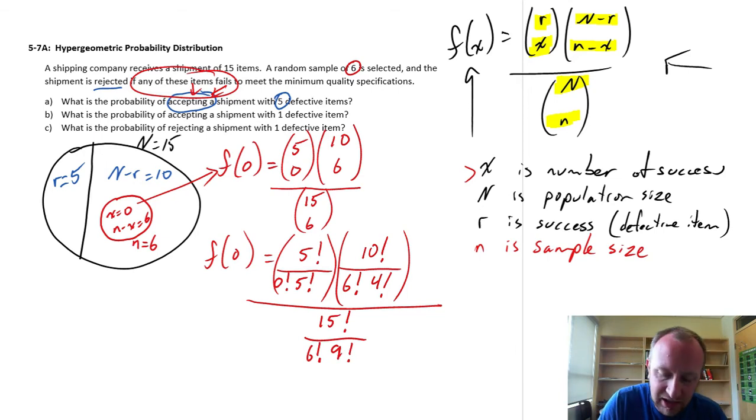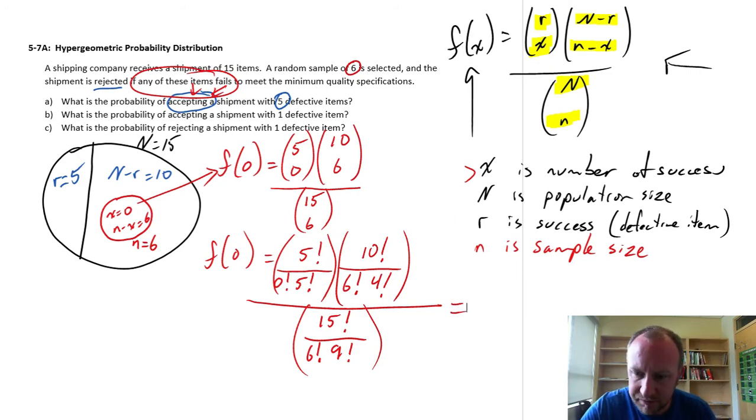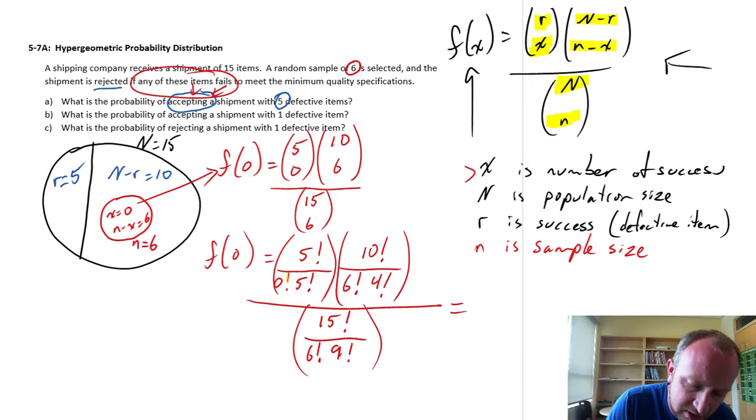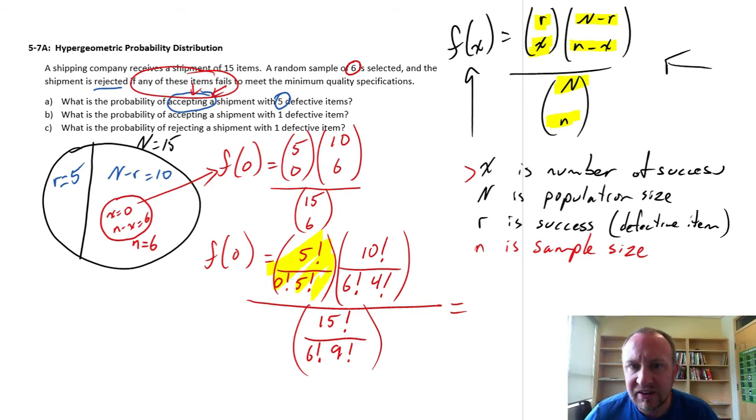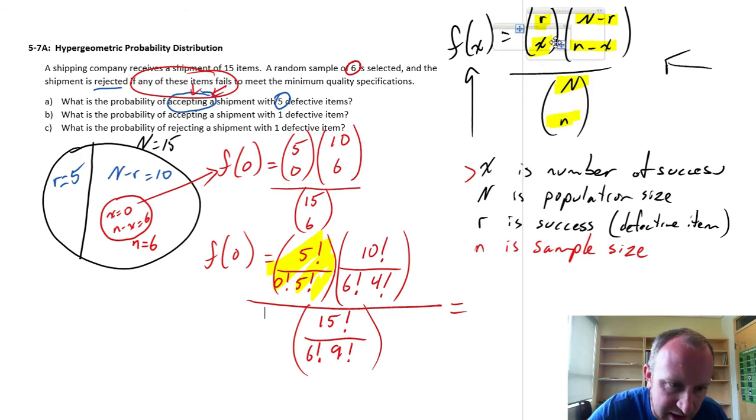Okay, so a little bit tedious to calculate. Let's get started. So the first fraction here, 0 factorial is equal to 1. 5 factorial over 5 factorial, that's also going to be equal to 1. So we don't really need to calculate that one again. So that value is just going to be 1.